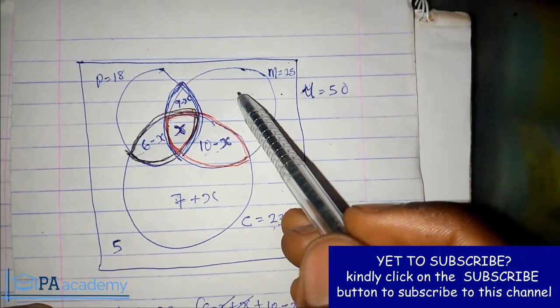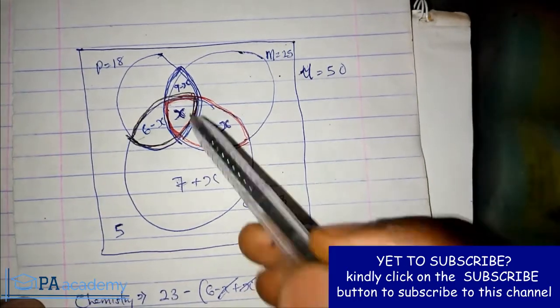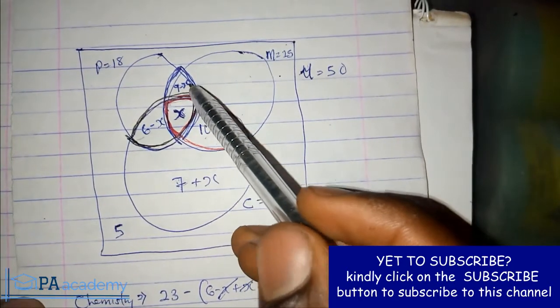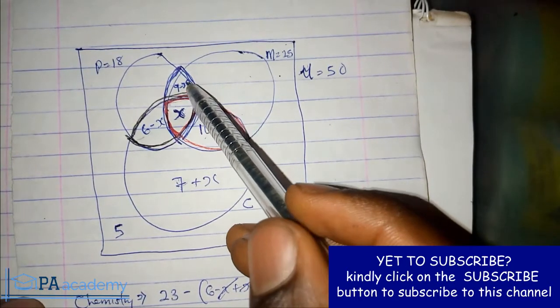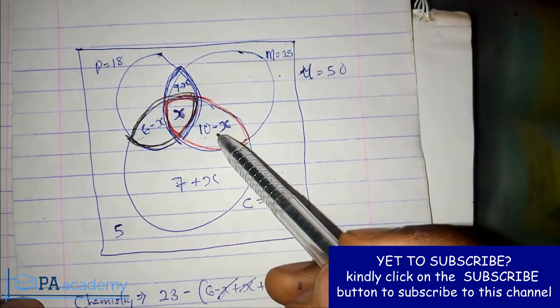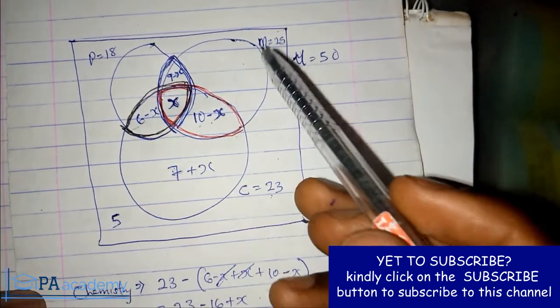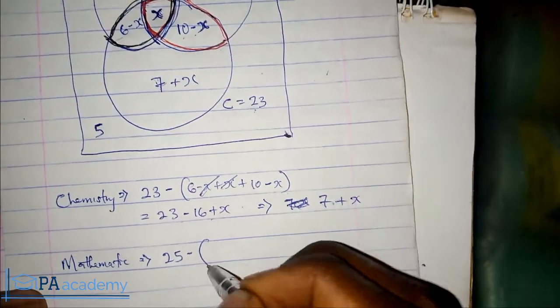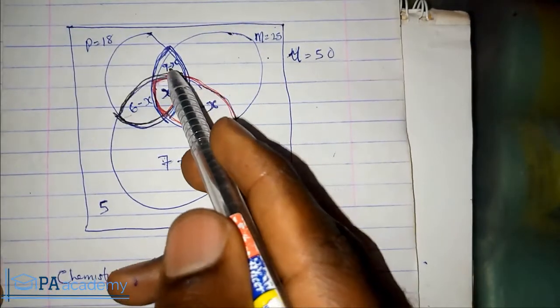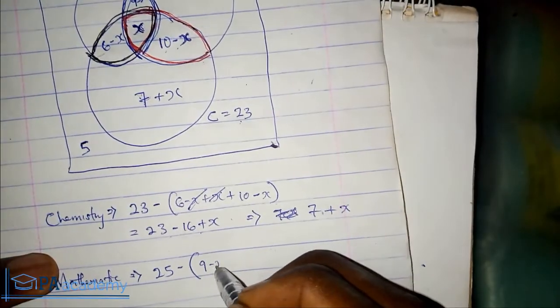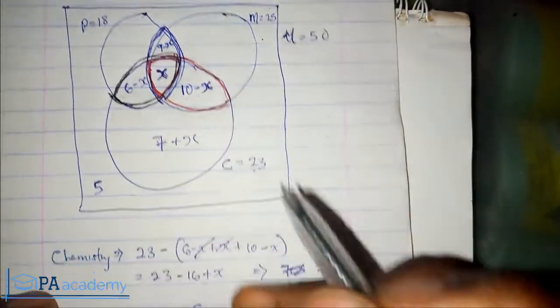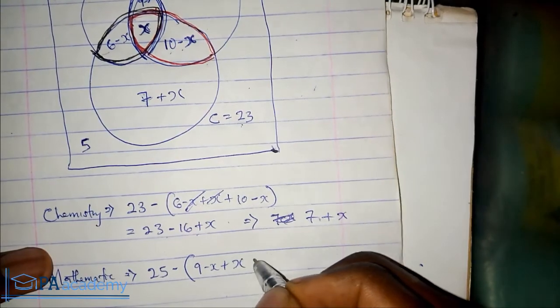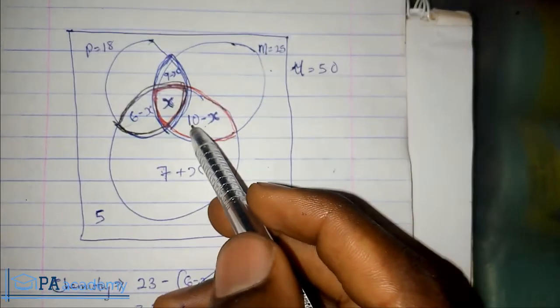To get that, that will be this 25 minus these three values, 9 minus X. So we are going to add 9 minus X plus 10 minus X and subtract it from 25. So that will be 25 minus, in brackets, 9 minus X plus this X, then plus 10 minus X.